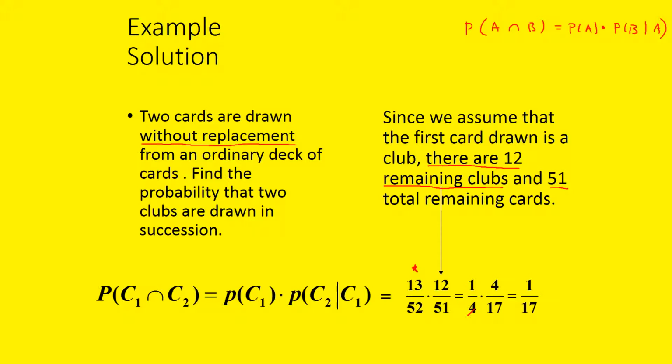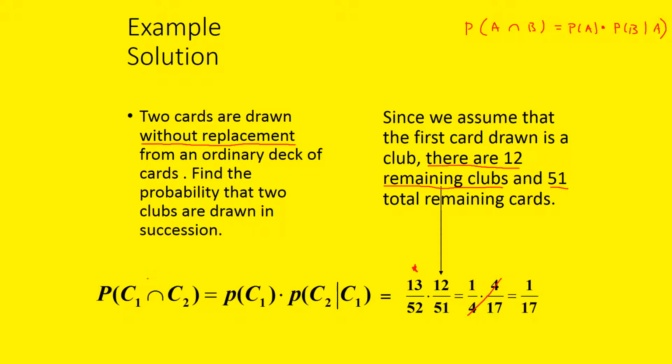Then the 4's can cancel, and we have 1/17 for the probability that two clubs are drawn if you're drawing without replacement. It's very unlikely that you're going to get two clubs, but it could happen. So that's an example of using the product rule.